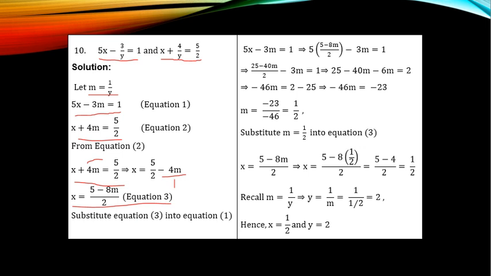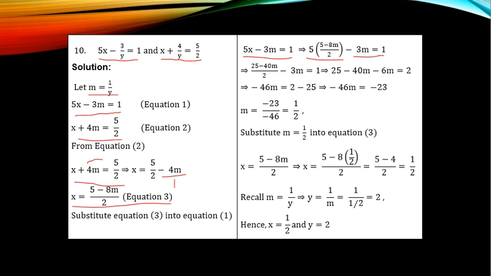You have to substitute equation 3 into equation 1. I'll be emphasizing this rule when using the substitution method. So this is equation 1. Anywhere you see s, replace it with 5 minus 8m over 2, minus 3m equal to 1.